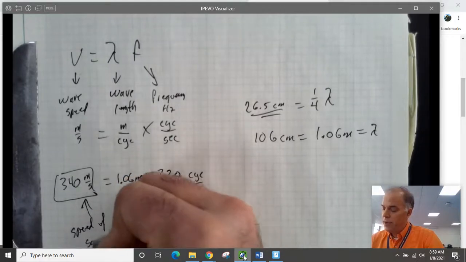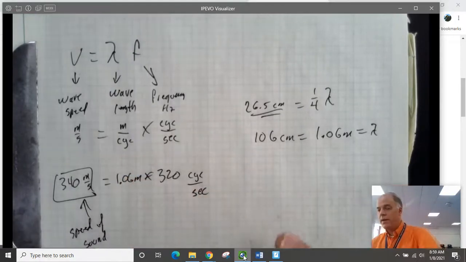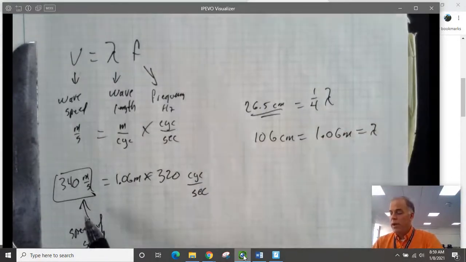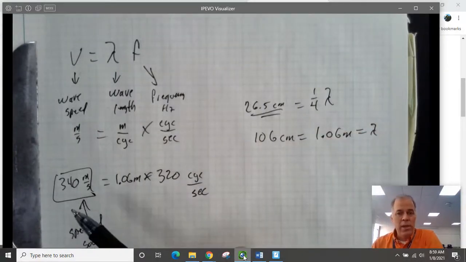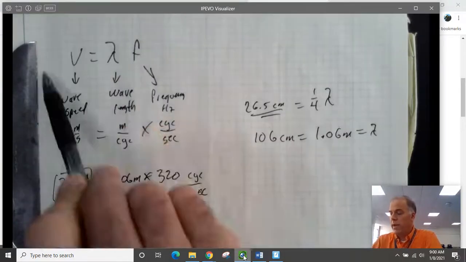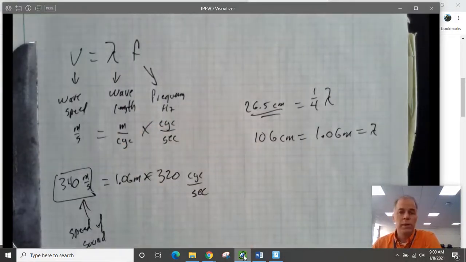So we were able to use that apparatus and a tuning fork to calculate the speed of sound, which is pretty amazing because we can't see sound go through the air, and it goes too fast for us to see even if it was moving. And yet we're able to use this equipment and the wave equation to determine the speed of sound in our lab, which is pretty cool.